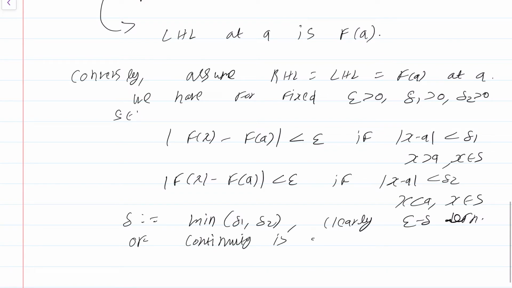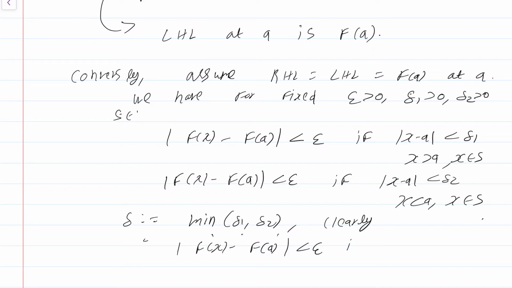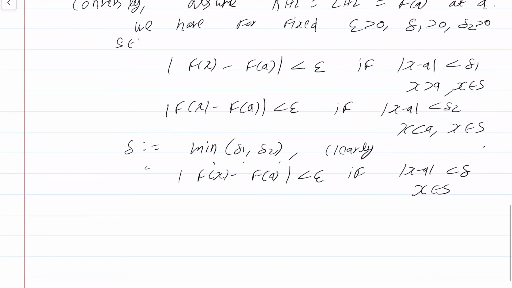Clearly, mod f of x minus f of a is less than epsilon if mod x minus a is less than delta, x coming from S. This follows immediately. Therefore f is continuous at a.